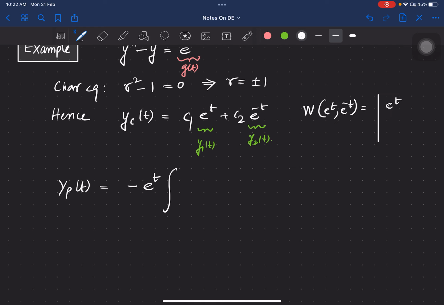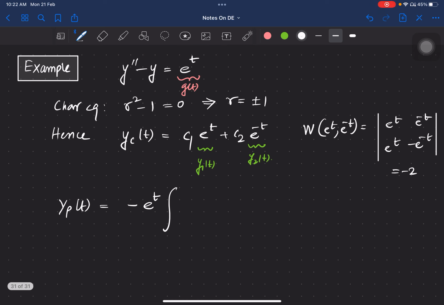It's e power t, e power minus t, e power t, minus e power minus t. So it will be minus 1 minus 1, which is minus 2. Then e power minus t times g(t), which is e power t by 2, dt, plus e power minus t times the integration of e power t by minus 2t.